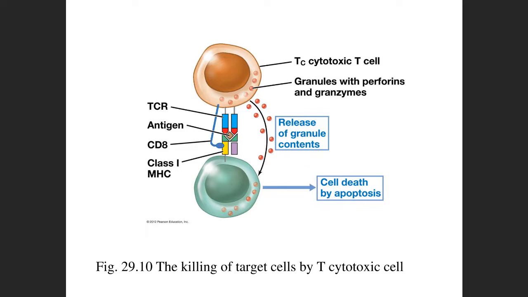It's apoptosis. They don't actually kill it. They trigger the cell to kill itself. Now, as I said, there are lots of cells in your body, and which one should the T cell grab and kill? The critical part is the antigen.